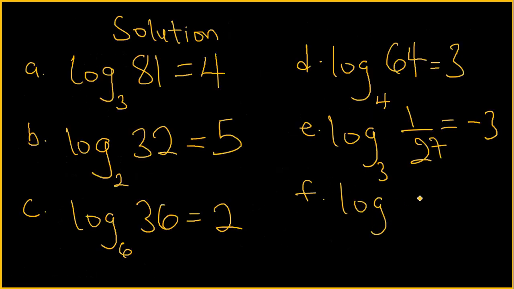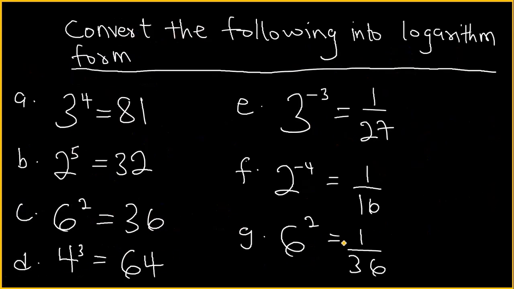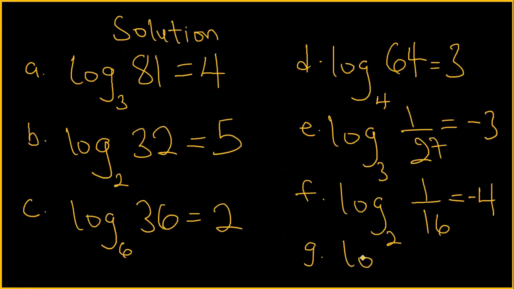The last one, log of the result 1 on 36 to the base 6 gives us a result of negative 2.